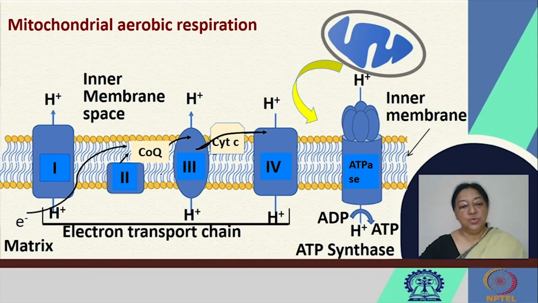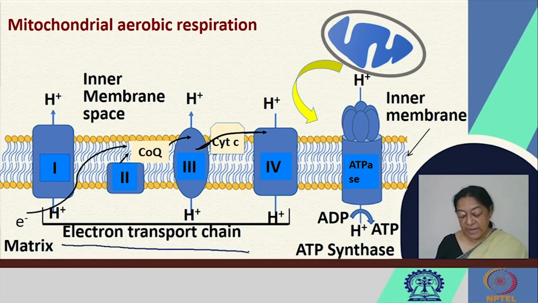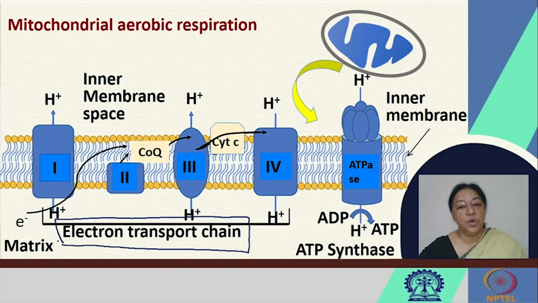So we go back to our complex system where we have our electron transport chain comprised of the four complex systems, complex 1, 2, 3, and 4, and finally ATP synthase that is going to generate the ATP, all embedded as membrane proteins in the inner membrane of the mitochondria.